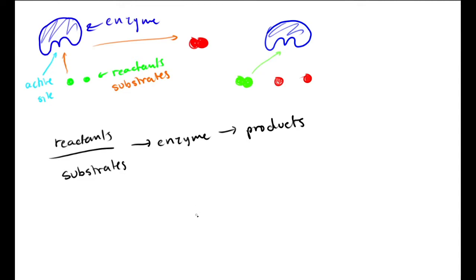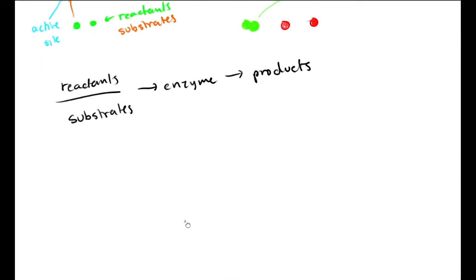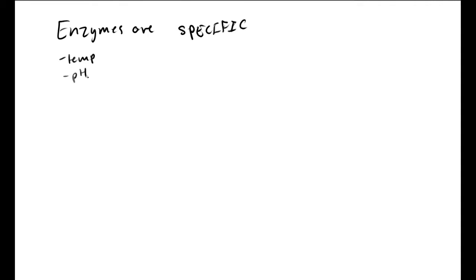But let's talk about the structure of enzymes in relation to their environment. What's important to know is that enzymes are specific. What this means is that enzymes are really specific to the environment around them, whether it be by temperature or by acidity or pH.